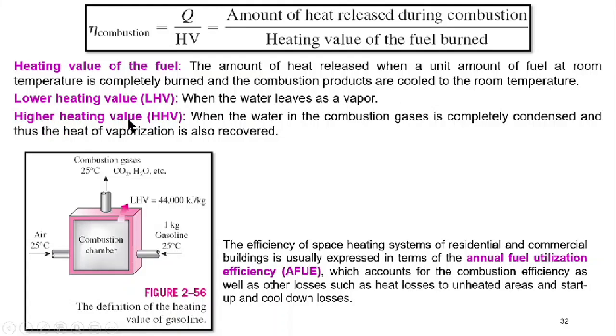Higher heating value, HHV, applies when the water in the combustion gases is completely condensed and thus the heat of vaporization is also recovered. So the efficiency of combustion equals Q over HV. Q is the amount of heat released during the combustion process. HV is the heating value of the fuel burned.